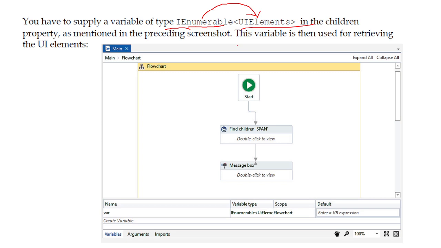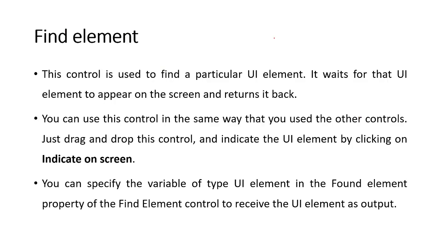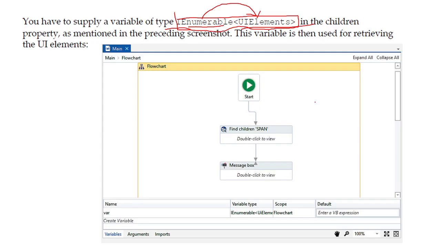I will demonstrate this with a practical example using UiPath Studio. There you will understand how to come up with a data type called enumerable UI elements. Clear? This is important. I will tell you when I directly jump into the practical demonstration for IEnumerable UI elements.